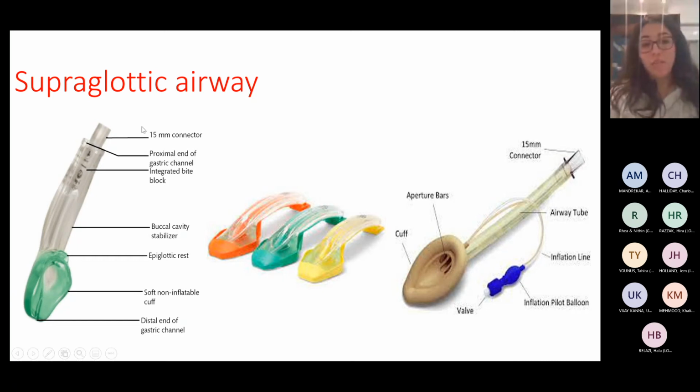But anyway, they have a connector tube that connects to oxygen. This part also has a gastric channel, which can help if you want to aspirate anything from the stomach or put an NG tube. And this part is a gel-filled cuff, which you don't need to inflate, and it's very soft.